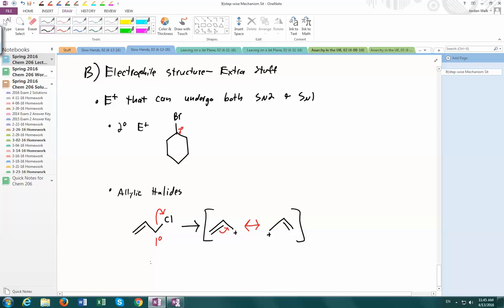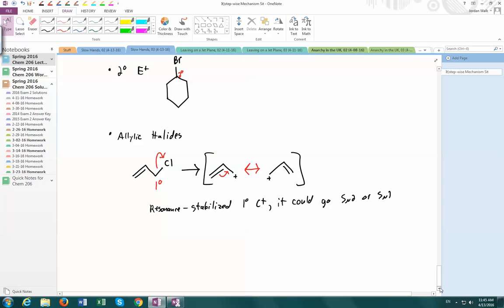So anytime we have a resonance stabilized primary carbocation, it could go SN2 or SN1. And so another example of that would be a benzylic halide.